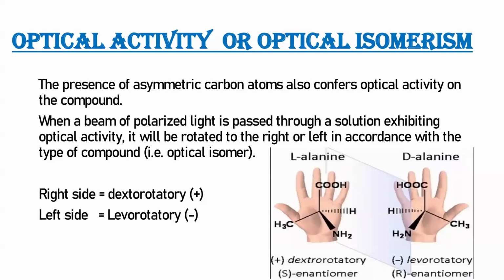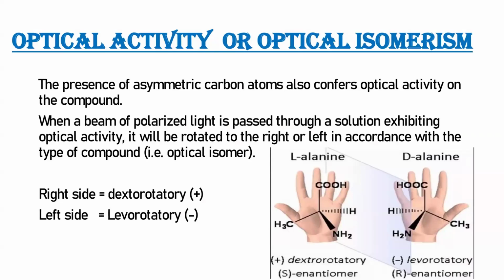So the next thing that we are going to look at is optical activity, or optical isomerism. The presence of asymmetric carbon atoms also confers optical activity on the compound. When a beam of polarized light is passed through a solution exhibiting optical activity, it will be rotated to the right or left in accordance with the type of compound.